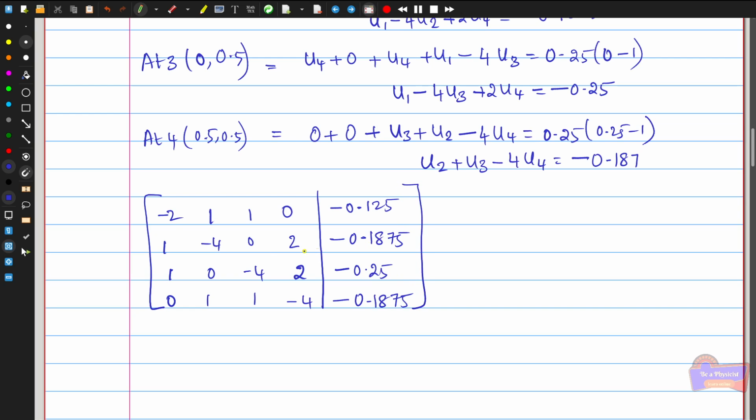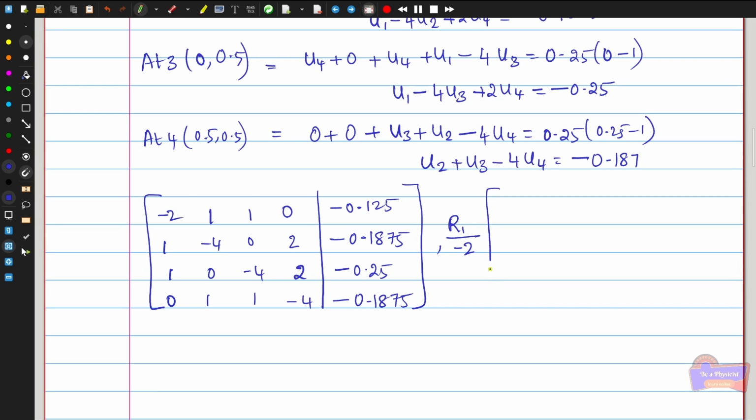As I already told you, if you want to simplify this equation, you have to make the first element of the first row 1. To do that, you can do the transformation r1 divided by minus 2.